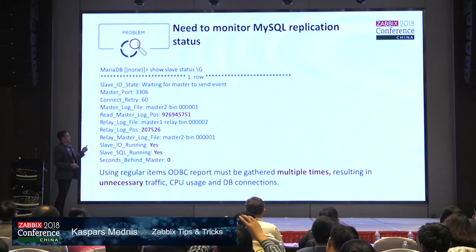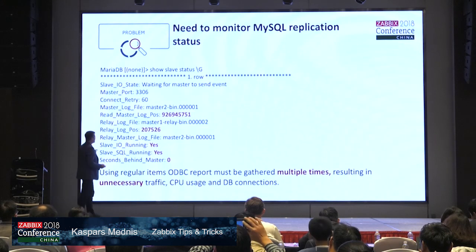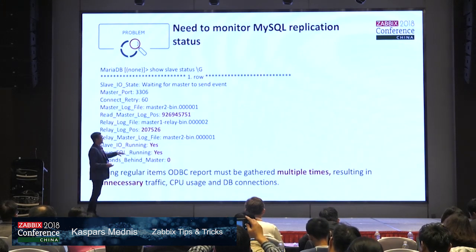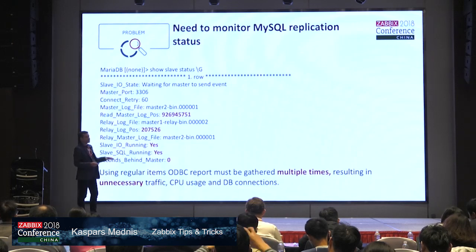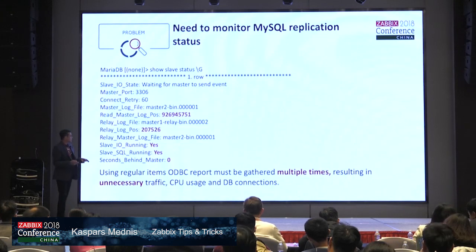Previously, before dependent items, when you wanted to extract such information, you needed to make a lot of ODBC calls, which was not good because you were creating a lot of database connections. It was excessive CPU load.